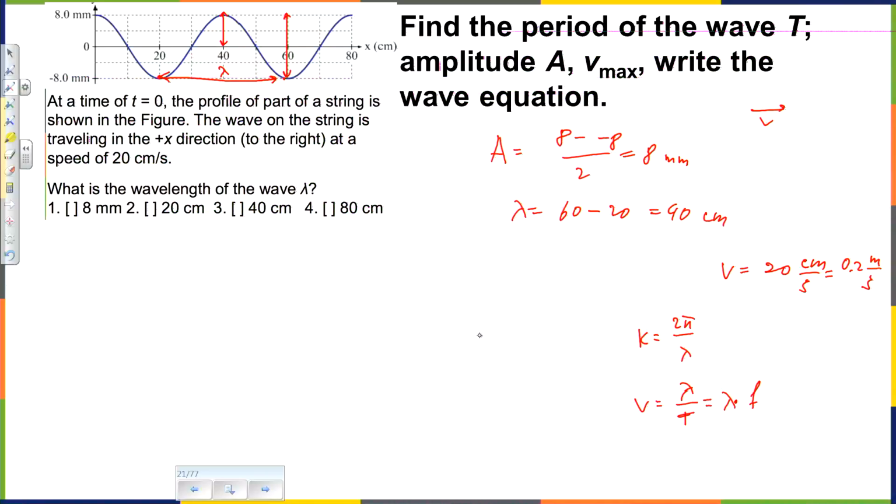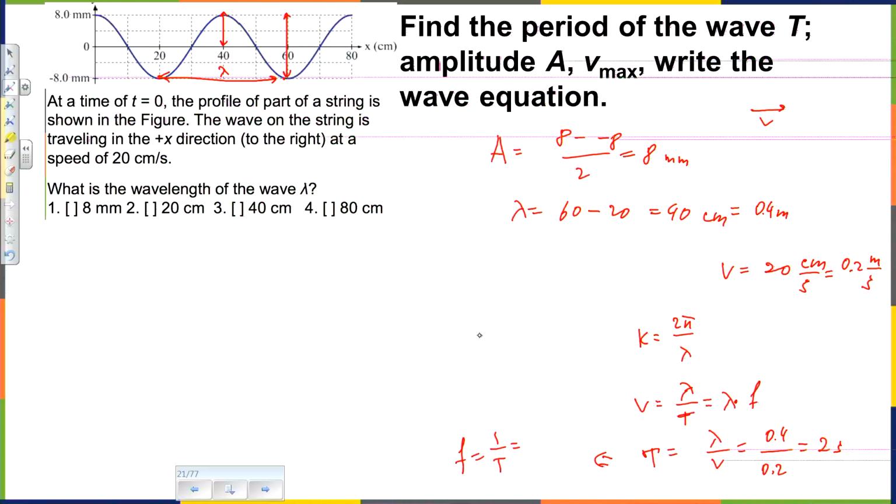Speed is equal to the product, no fraction bar, so it is multiplying wavelength and frequency. But in this situation, we can use it, for example, to calculate the period. 0.4 over 0.2, 2 seconds. So the frequency will be 1 over period, 1 over 2 Hz.